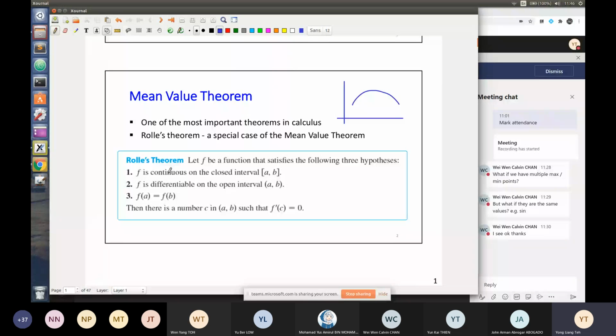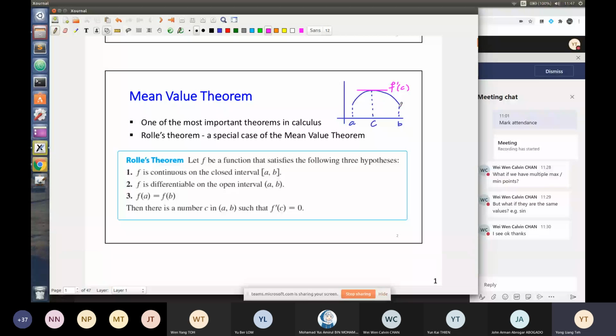It basically says that if you have a closed interval A to B, then there must be a critical number such that f prime equals 0. As you can see from here, this is the point C, whereby f prime is equivalent to 0. So the gradient at point C is actually equivalent to 0.